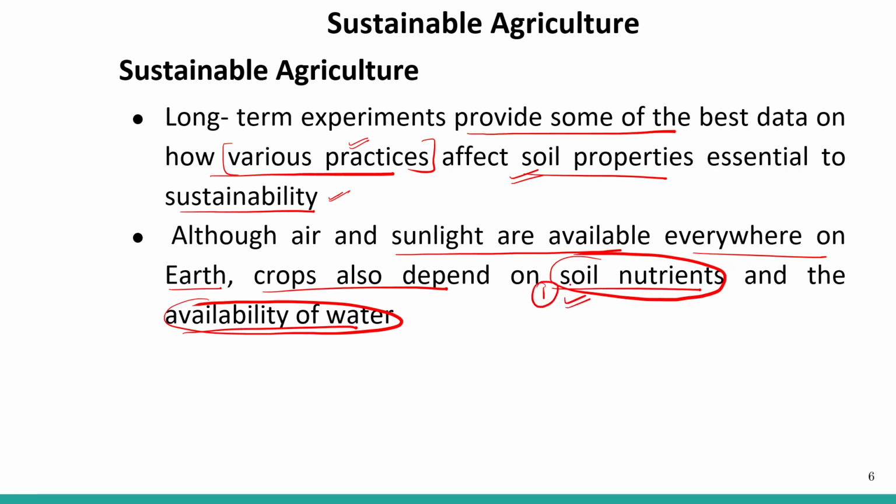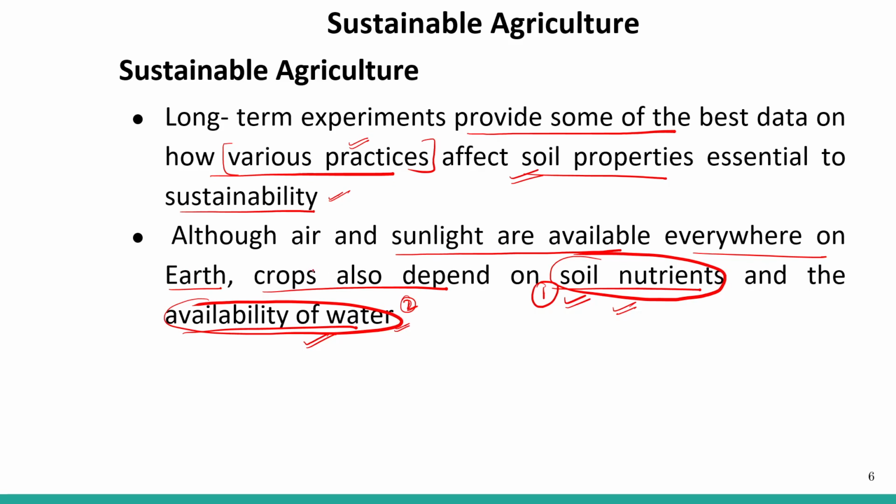The soil is different from place to place, state to state, and our crops are dependent on that. So checking the soil nutrients is very, very important. The second thing is the availability of water. If there is no availability of water, then there can be less crop grown in that particular area.